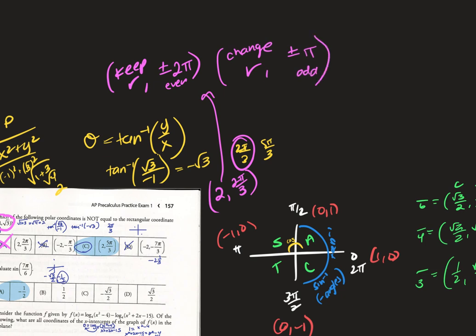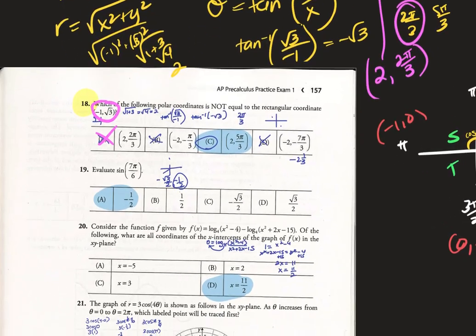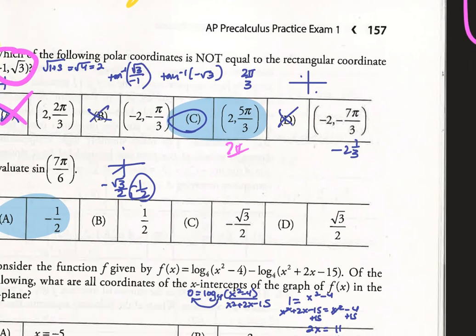So if I look at the answer choices, if r was positive 2 and I go to C, this should be 2 pi over 3 plus 2 pi, or 2 pi over 3 plus 6 pi over 3, which is 8 pi over 3. 5 pi over 3 is adding pi, and you can't keep the r and add an odd multiple of pi, so that doesn't work.